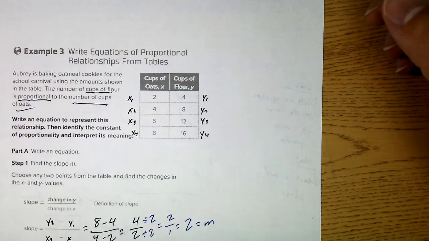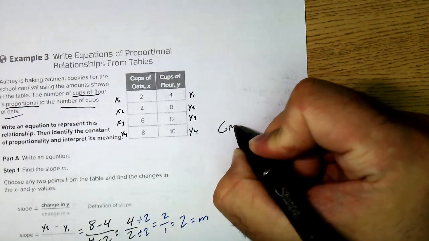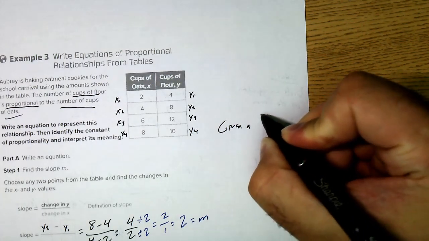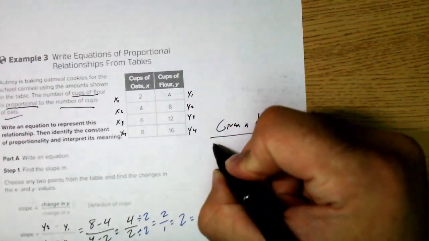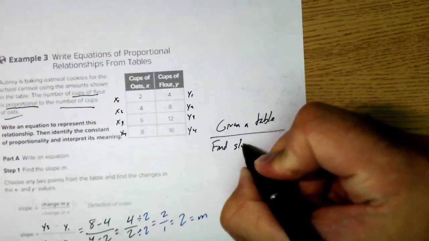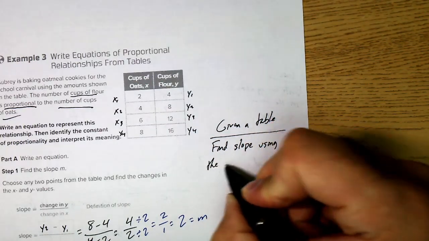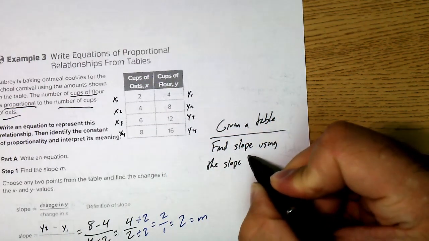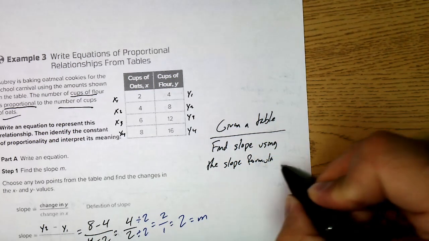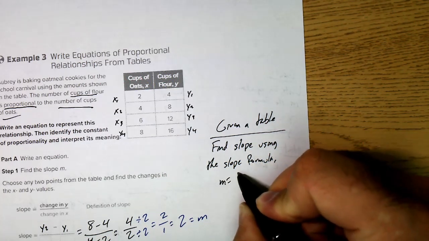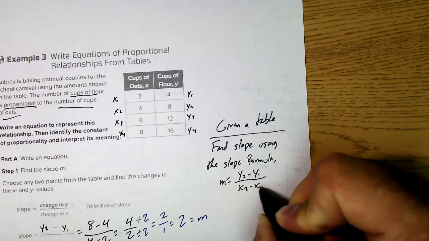All right. So, just quick notes. Given a table, find slope using the slope formula. m equals y2 minus y1 over x2 minus x1.